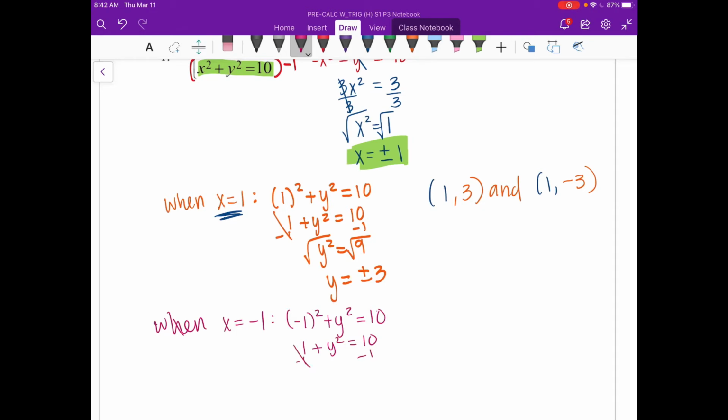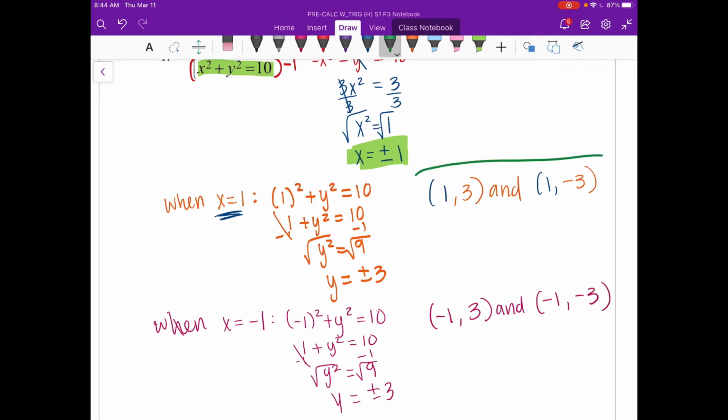Subtract the 1, and I end up in the same place where y squared equals 9. Take the square root, and that gives me y is plus or minus 3. So again, what this is telling me is that when x equals -1, I'm having two intersections, a +3 and also a -3. So we have 4 intersections.